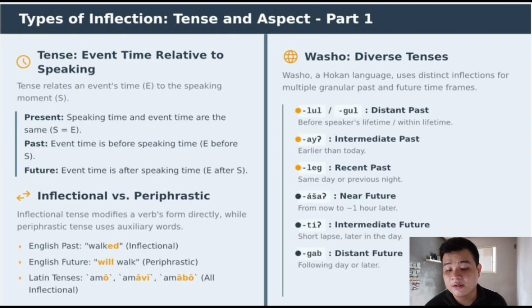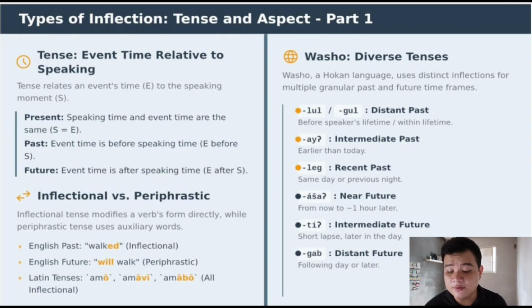Near future covers from now up to about one hour ahead. Intermediate future is for events later today or a bit further in the future. Distant future refers to events happening tomorrow or even later.